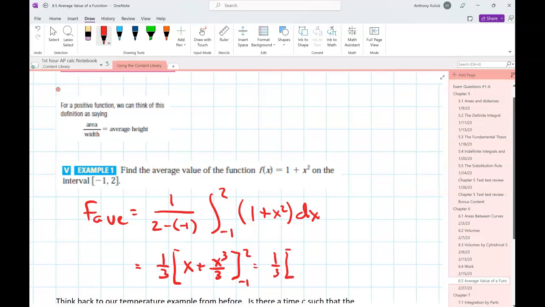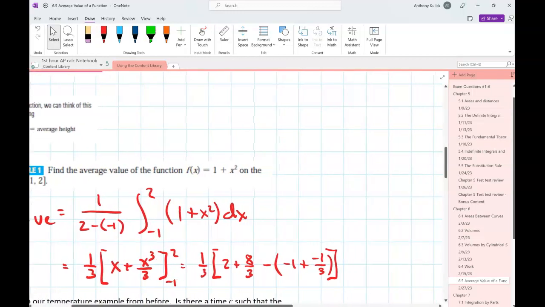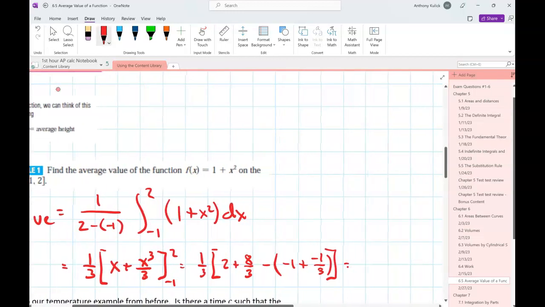So when we evaluate at 2, we get 2 plus 8/3. Minus, when we evaluate at -1, we have -1 plus negative 1/3. So that'll be 2 plus 1, that's 3. And then 8/3 plus 1/3 is 9/3, which is 3. So that's going to be 1/3 times 6, or just 2.